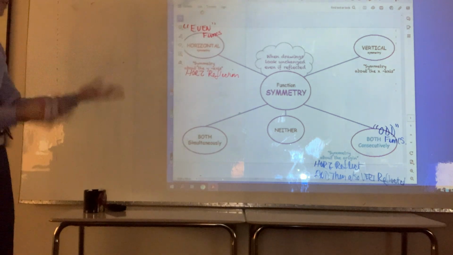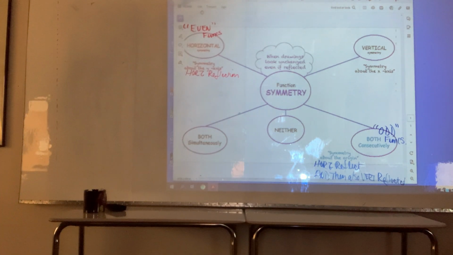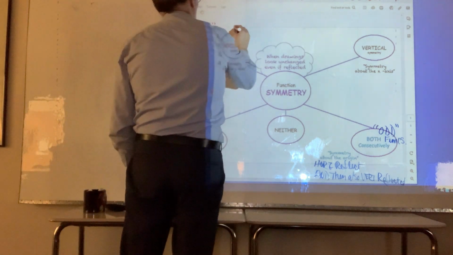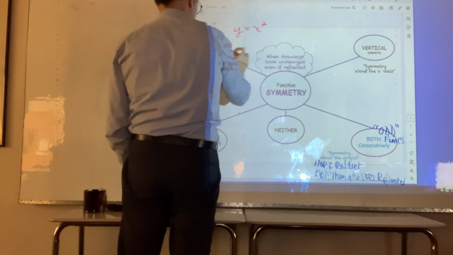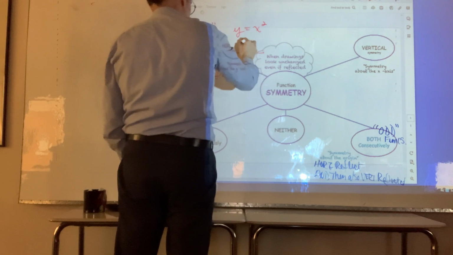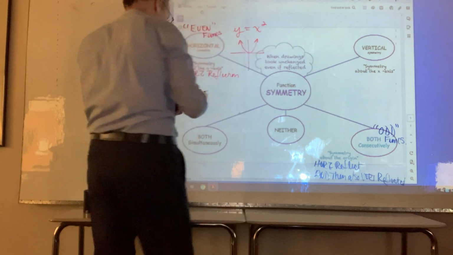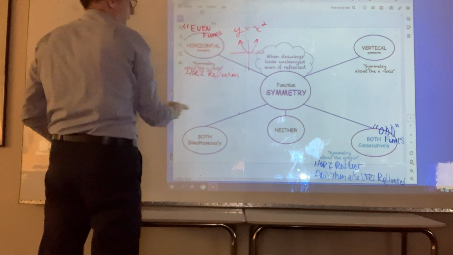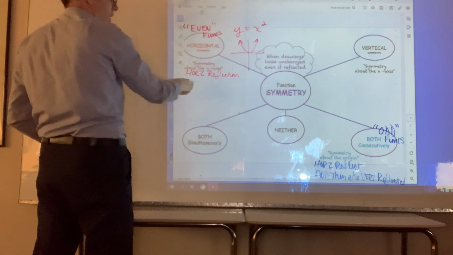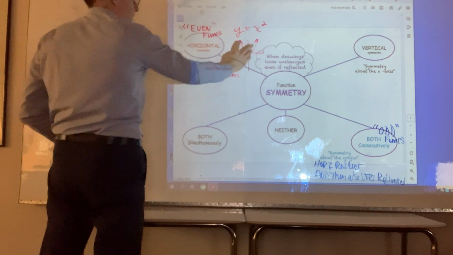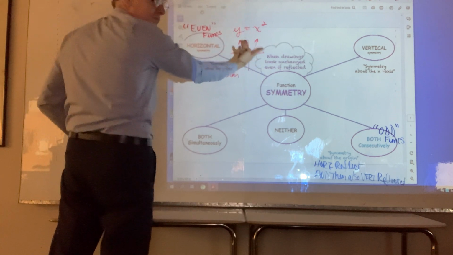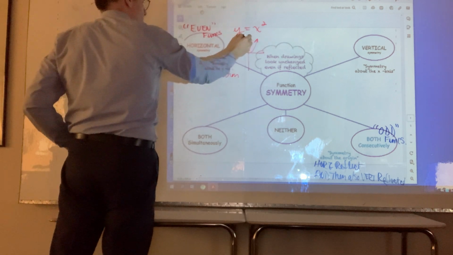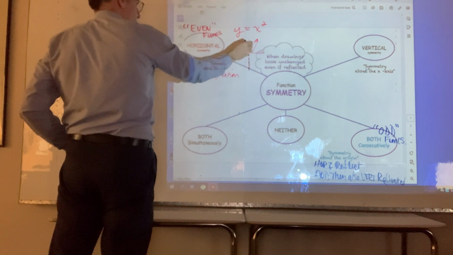Now, as an example to illustrate that this is true, here is y equals x squared, which we already know makes the parabola shape. If one were to take the parabola shape and reflect it horizontally, that's like this, about the y-axis, which is what I'm dashing here.